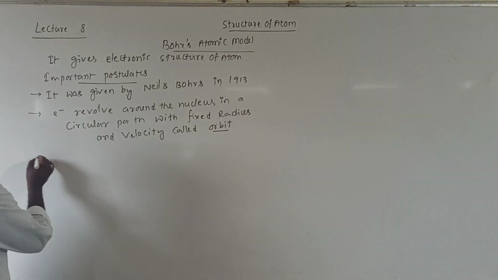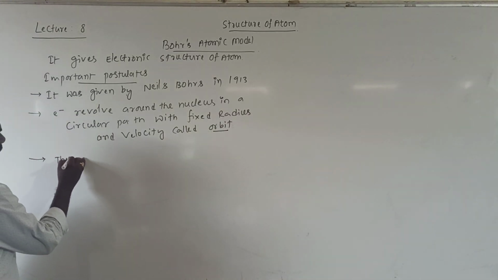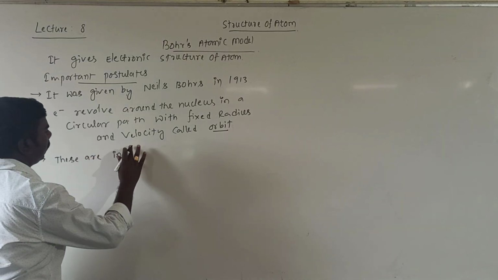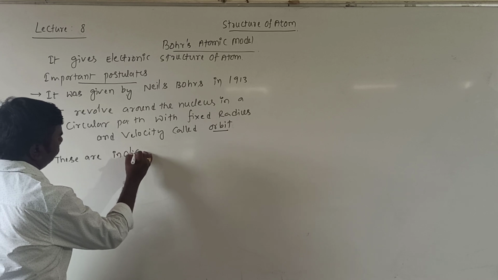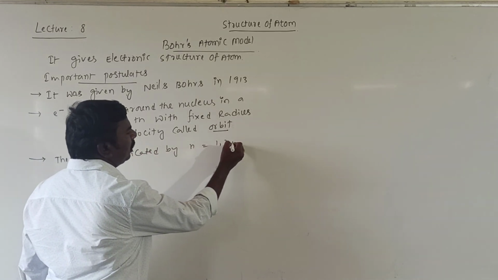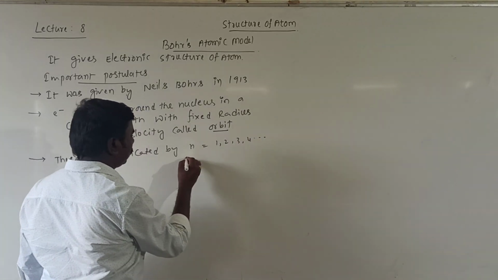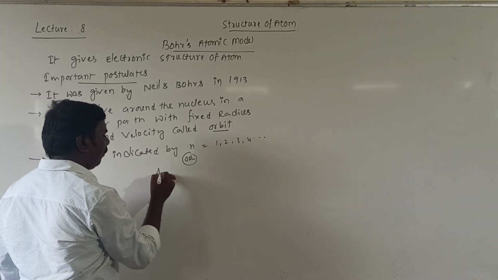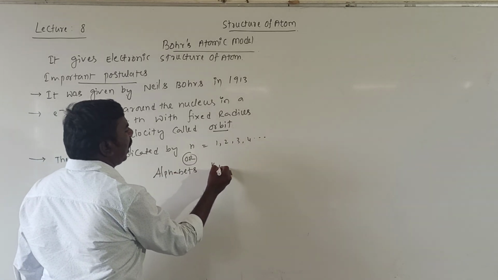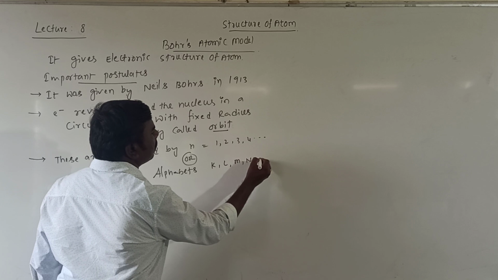These are indicated by n, that may be 1, 2, 3, 4, etc., or alphabets, also we can use K, L, M, N, and so on.